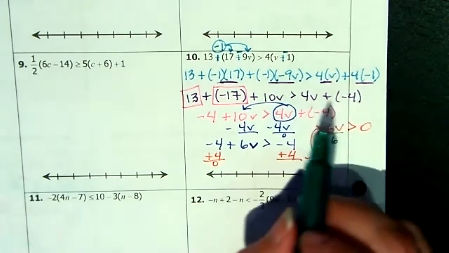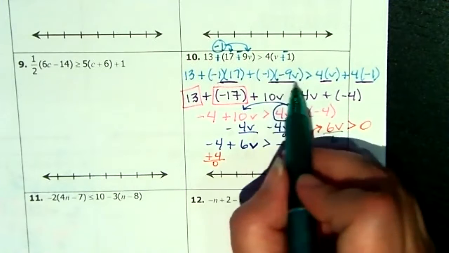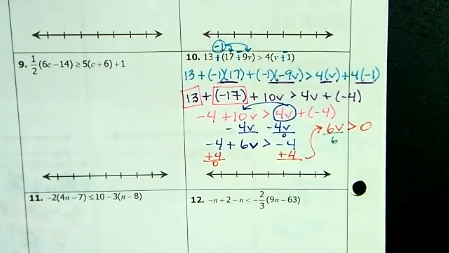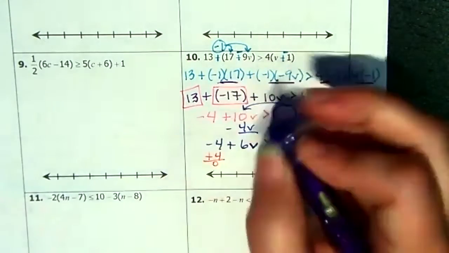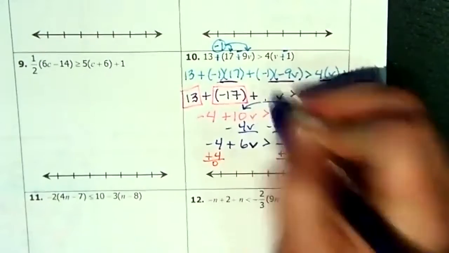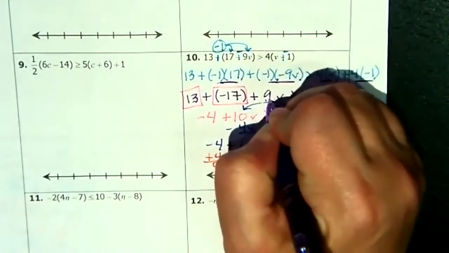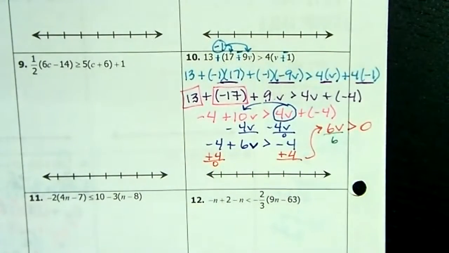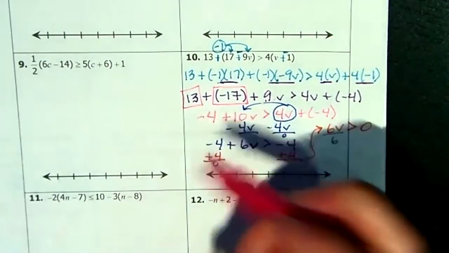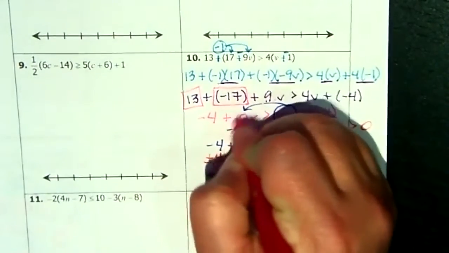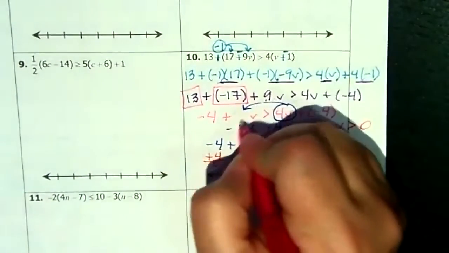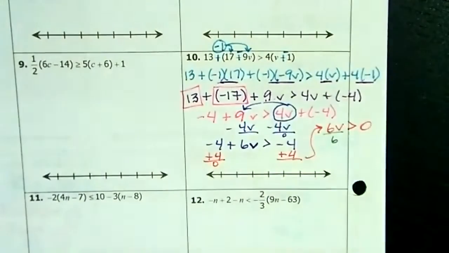Oh, how did I get 10 here? That's multiplication. Okay, so I added instead of multiplying. So that's supposed to be a positive 9 there. So this is going to be 9v.